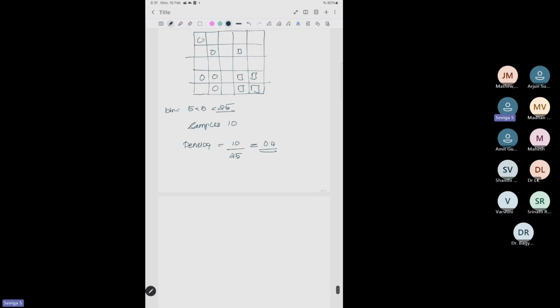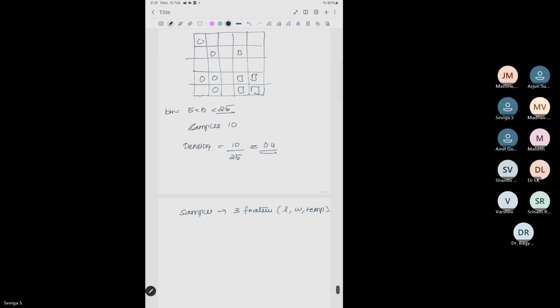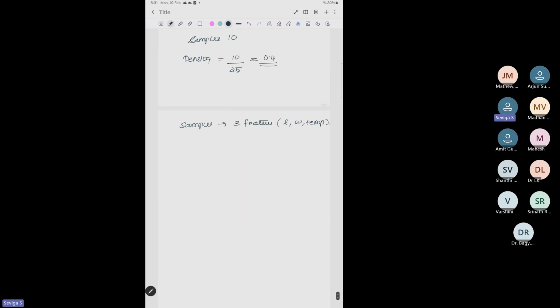Let us assume that we have 3 features per sample. So we can add length, weight, and temperature. So we have 3 features. This square can now be converted into a cube.